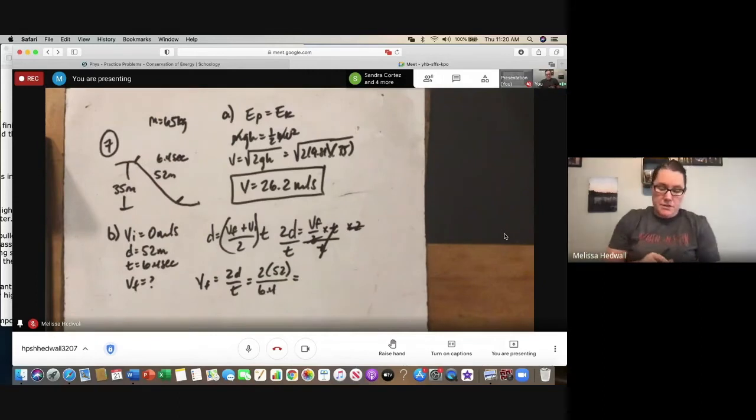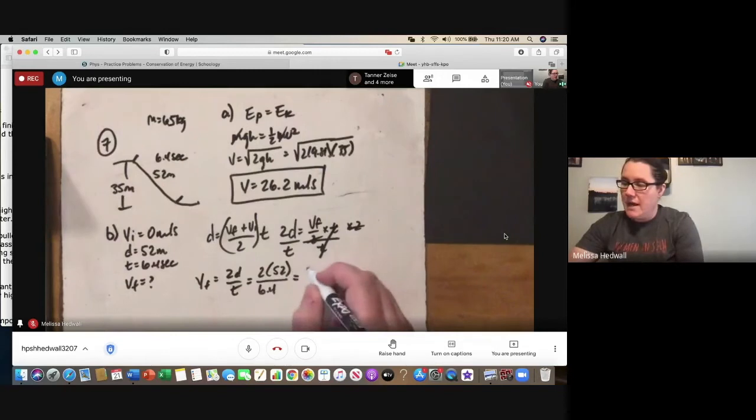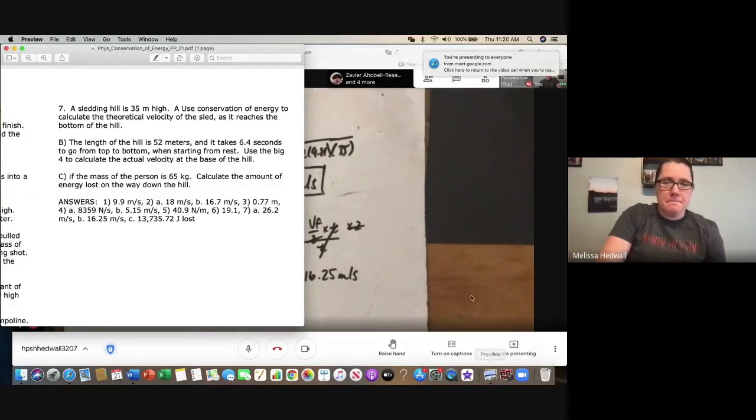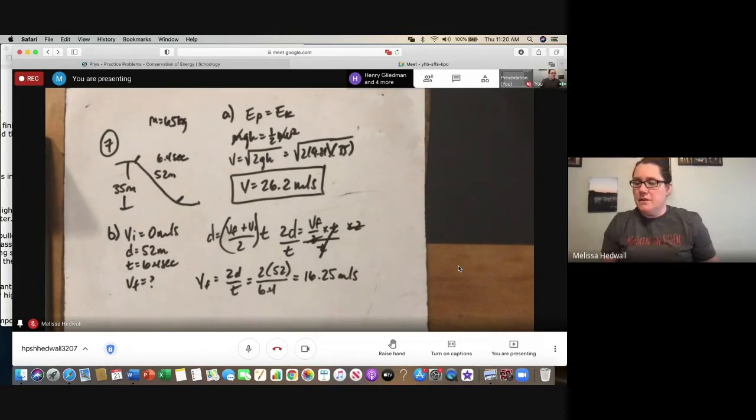Well, if we take 2 times 52 divided by 6.4, that is not right. That's right. We get an actual final velocity of 16.25 meters per second. I think last hour I put in 53 instead, which is not right.